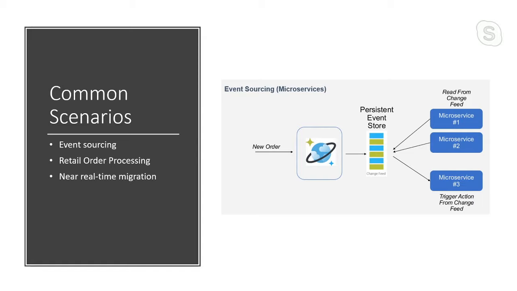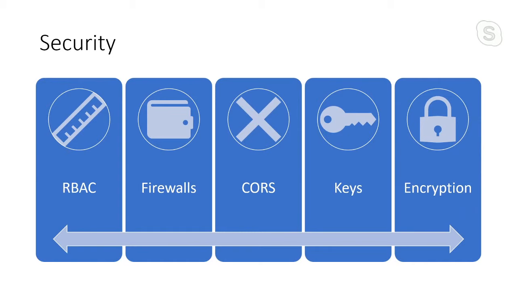So for instance, if you have a record that comes in that has order information on an e-commerce website, you could send that to the change feed, and from the same change feed, you'd have a microservice, one that handles the inventory, one that handles shipping, one that handles tax, and so on.